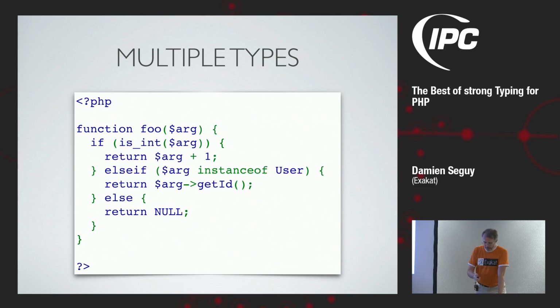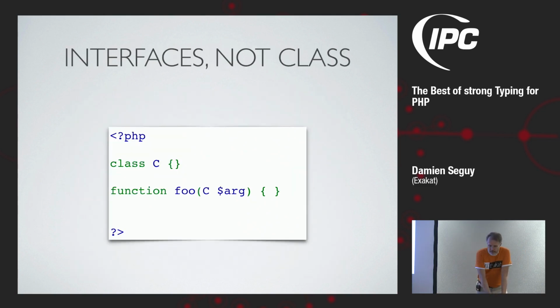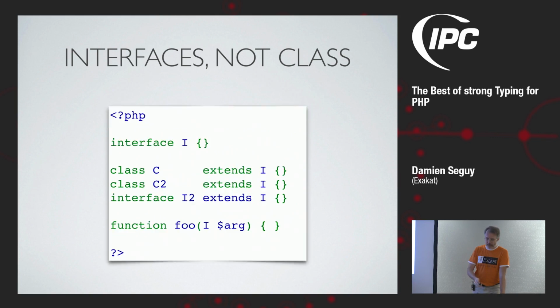Okay? And that's actually going to lead me to the second limitation of things that you may find in your code that should be upgraded. We mentioned earlier that the type-hint should be a class. Well, to be precise, the type-hint should not be a concrete class, it should be an interface. Because with the evolution of the code, what you add as a class initially may become a second version later.